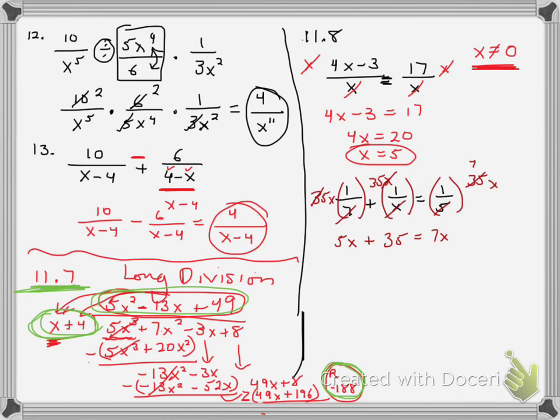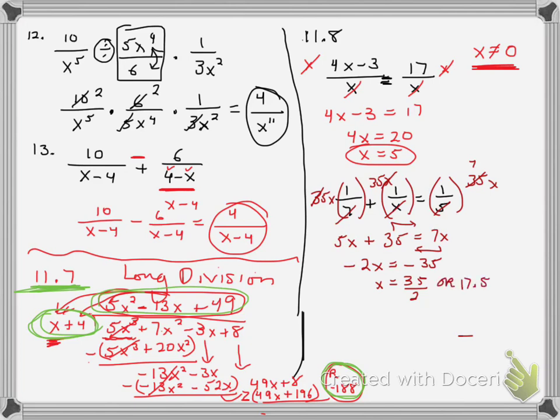Going ahead and solving, I could go to either side, but I typically do that. Negative 2x equals negative 35, and divide by negative 2, and you'll get 35 halves. Or what is that, 17.5.